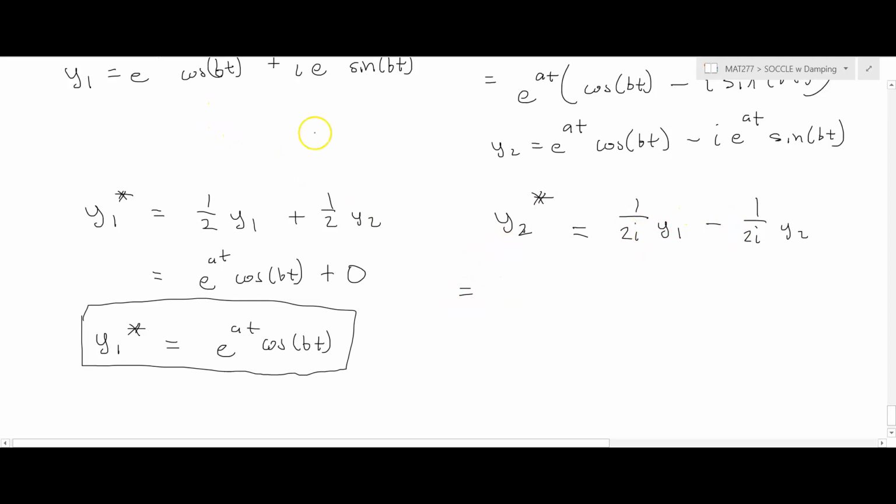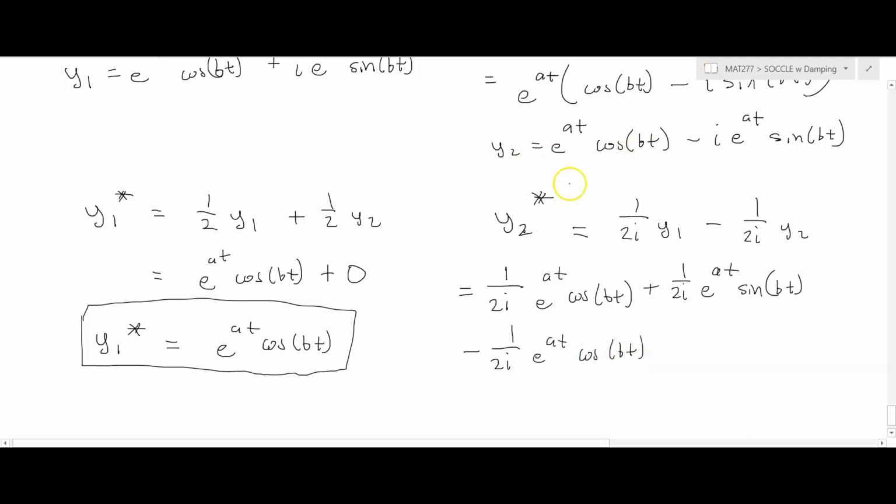So if I take 1 over 2i times this, I get 1 over 2i times e to the at cosine bt plus 1 over 2i e to the at sine bt. Now I'm going to take minus 1 over 2i times this, so I'll have minus 1 over 2i e to the at cosine bt. So that's just negative 1 over 2i, that term.